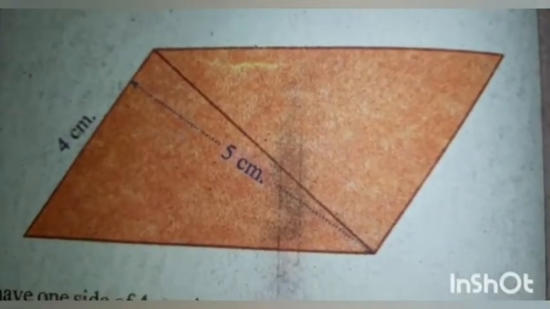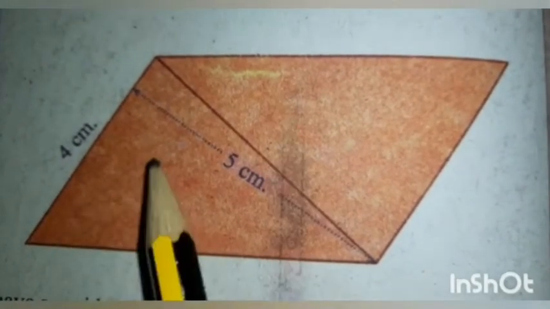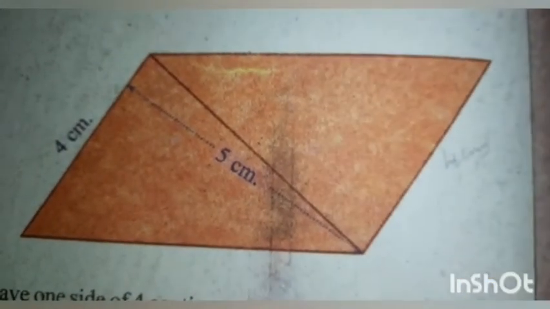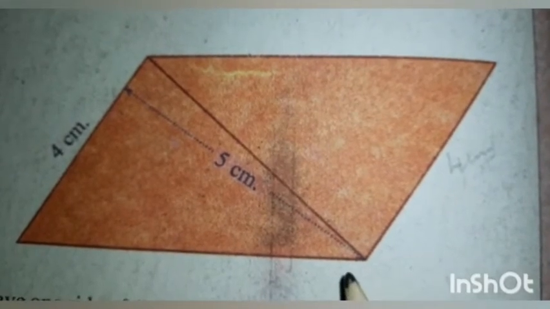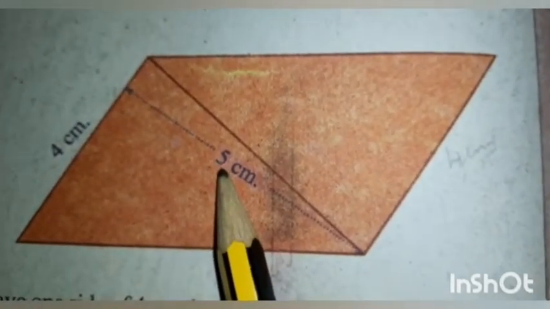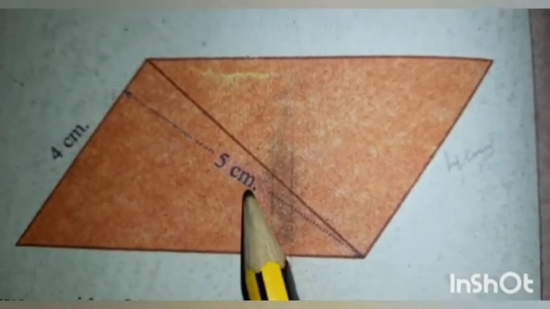See this triangle, both the triangles have one side 4 centimeter, this also 4 centimeter, and the distance from the opposite vertex, from this point to here, is 5 centimeter. Distance from the opposite vertex is 5 centimeter.